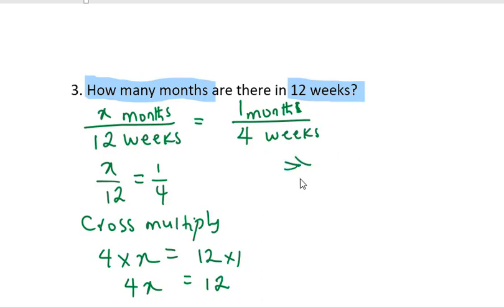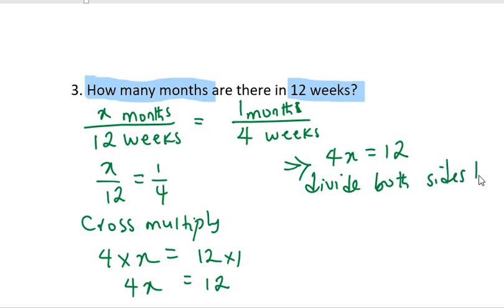4 times x is 4x, equal to 12 times 1, which is 12. Now, when you have 4x is equal to 12, what do you do? You divide both sides by the coefficient of that variable. We did this in our algebra class. Divide both sides by 4. 4 is the coefficient of the variable. That's why we're using 4. So 4x divided by 4 is equal to 12 divided by 4. Cancel that.